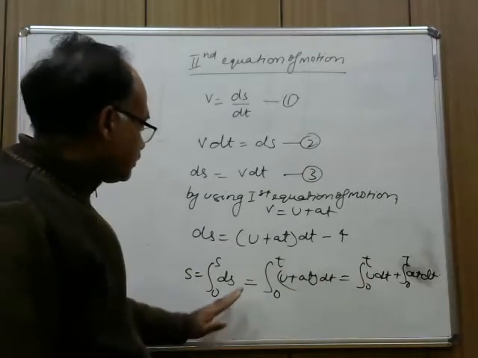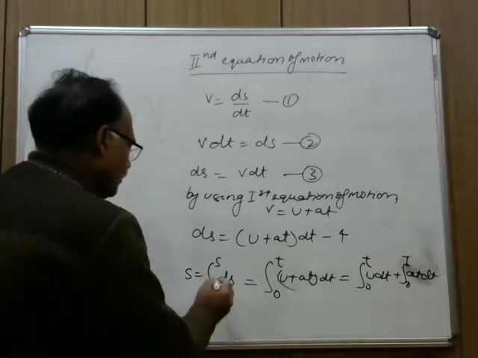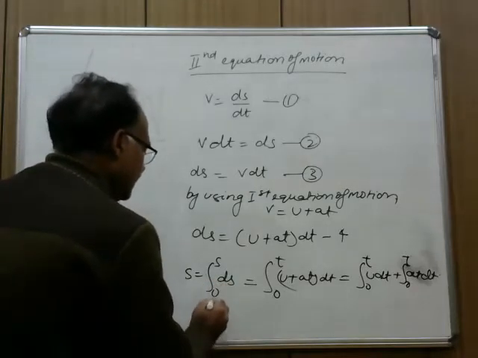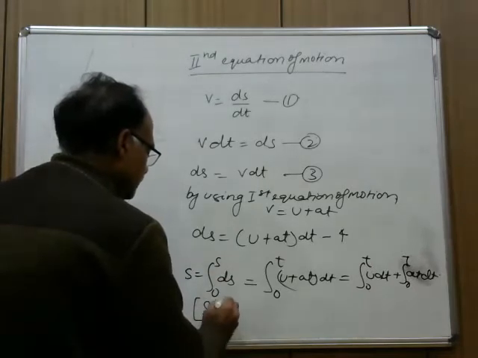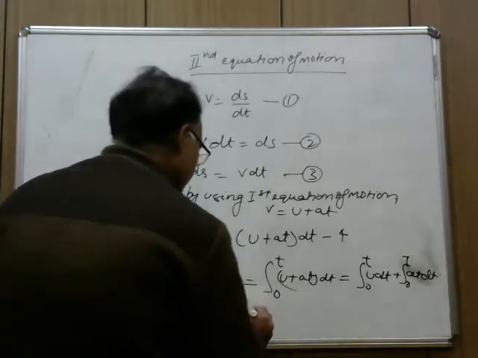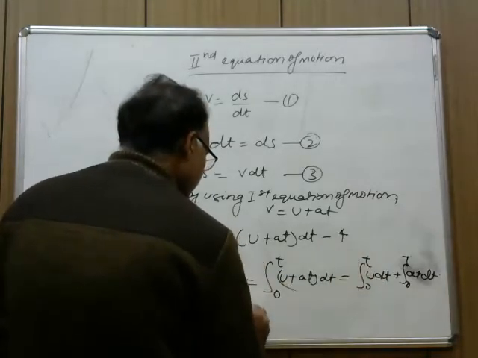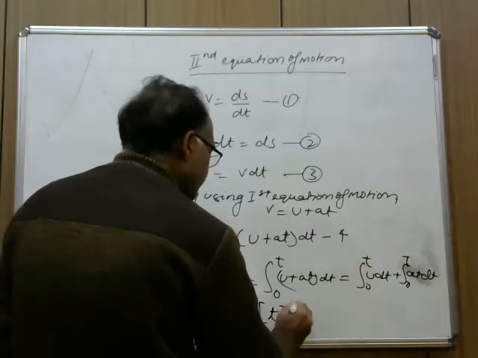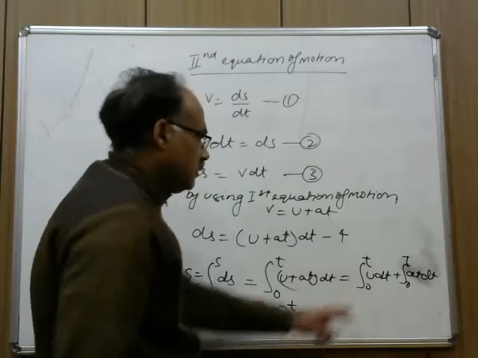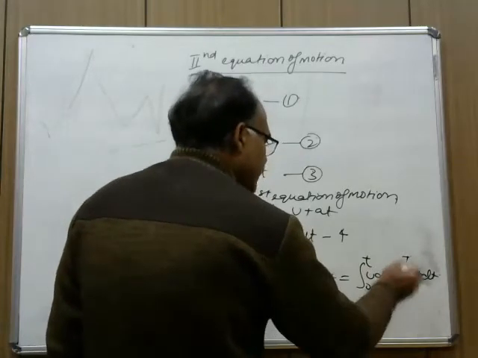Now we will solve this, and we know that the integration of ds is s, from 0 to s, is equal to integration of u dt, which is u in bracket t from 0 to t, plus a times integration of t dt.